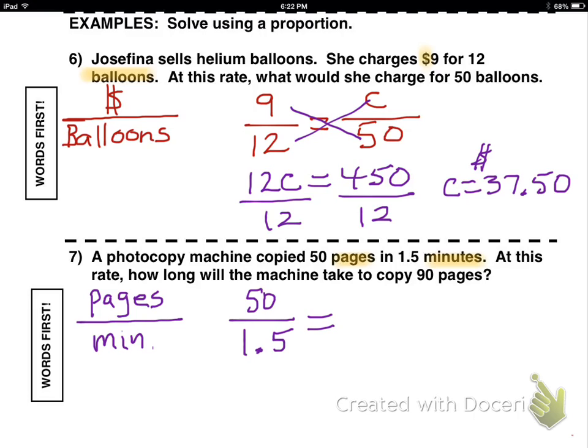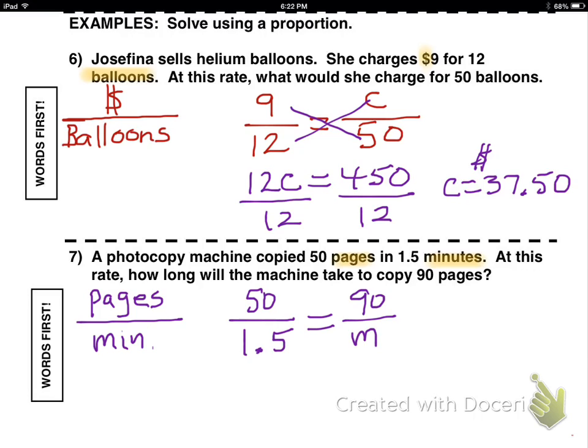And we want to write another ratio using the information we have. And we're told that the machine will copy 90 pages in all, and we want to find out how many minutes it will take. So the 90 pages goes in the numerator, and the variable, let's say m, is in the denominator.